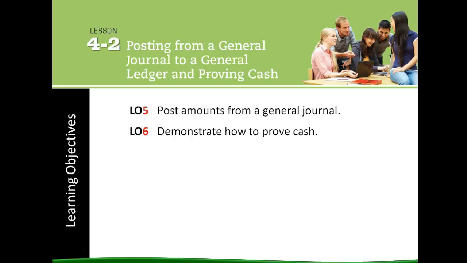Now, we want to remember that we just learned how to create the numbering system for our accounts, and we want to make sure that we are using all of those general ledger accounts correctly.